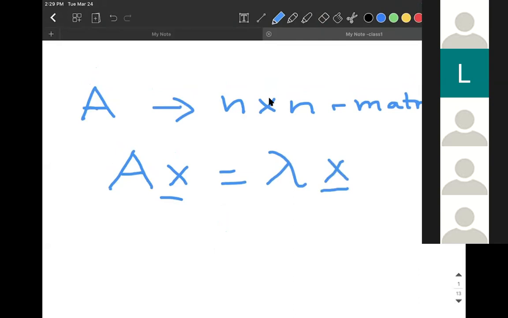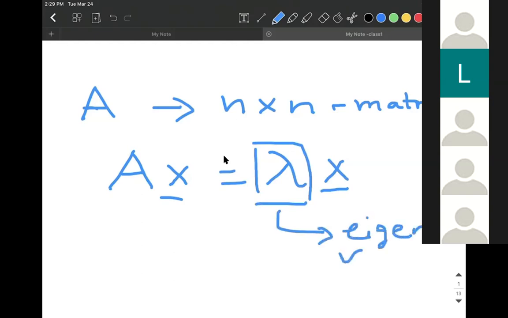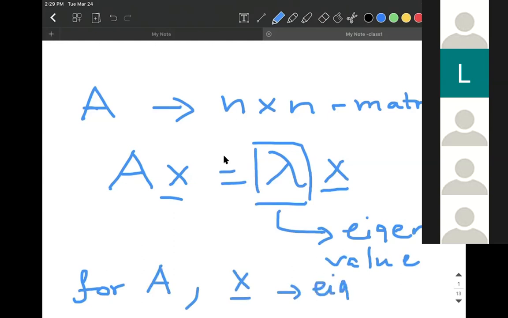This lambda is called the eigenvalue for A, and the vector x is the eigenvector.